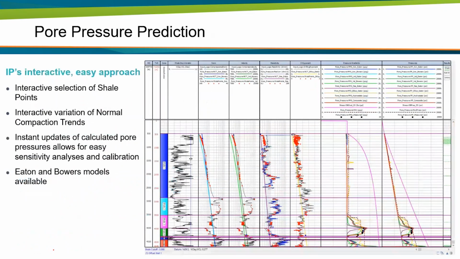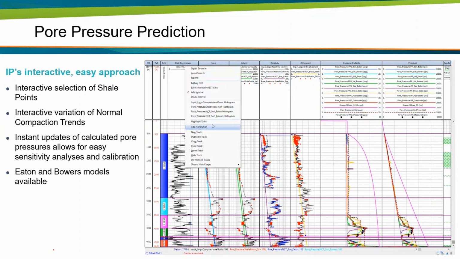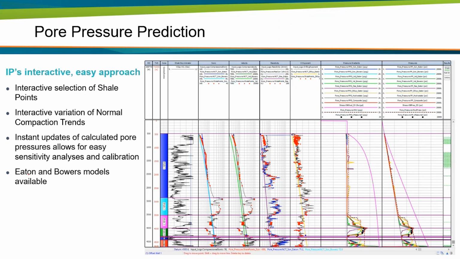So how does that look in IP? Well, this is starting with pore pressure prediction. Pore pressure prediction calculates for you pore pressures according to either the Eaton or the Bowers analytical models, and those models are valid for shales. So you need to define first a number of shale points. Those are those red dots over here. So you can here work with an interactive cutoff line to determine where your shale points are. You can also manually add some shale points or delete some shale points.